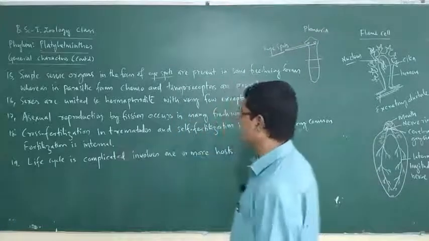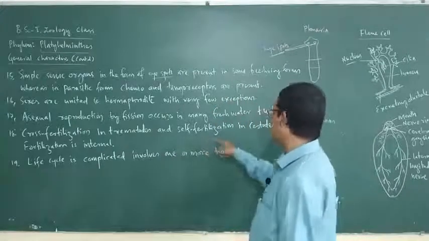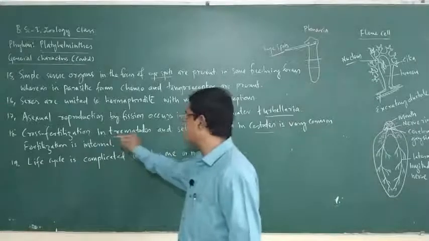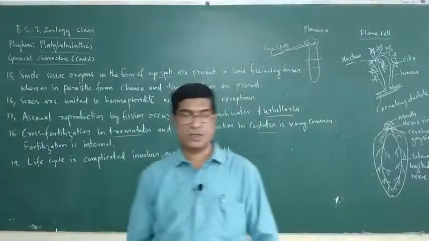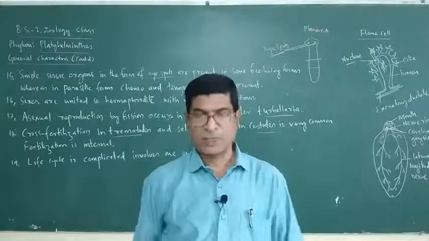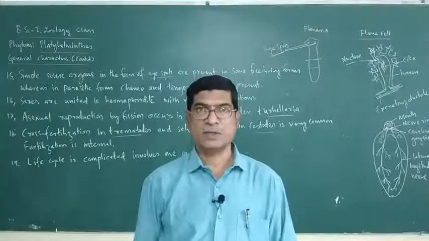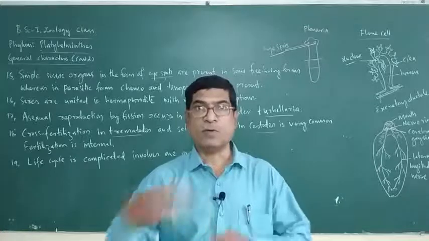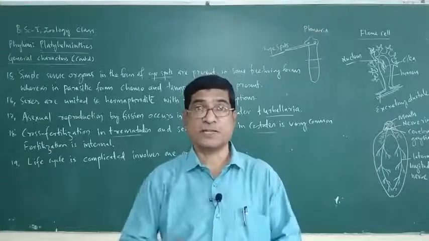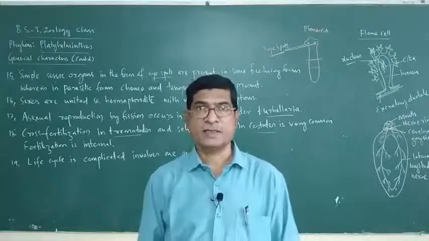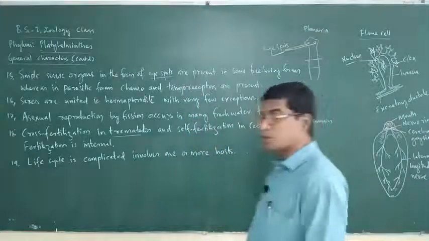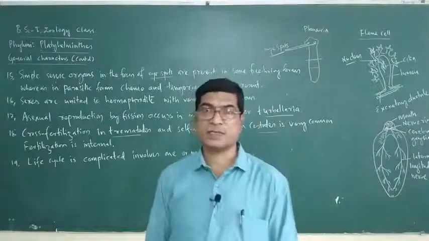Cross fertilization in trematodes and self fertilization in cestodes is very common. In the liver fluke, though it is bisexual, it needs one more worm for fertilization. Cross fertilization occurs in the trematodes, whereas in the cestodes, self-fertilization takes place.